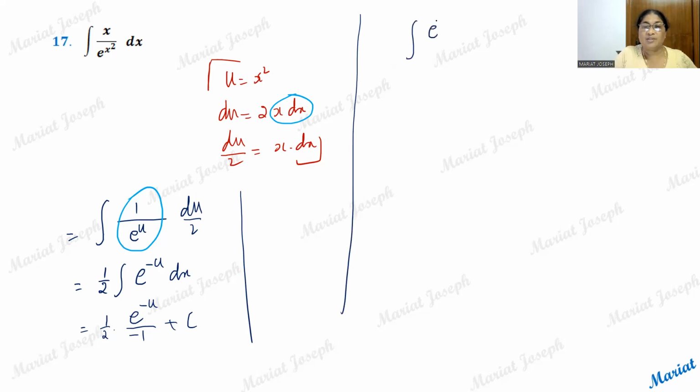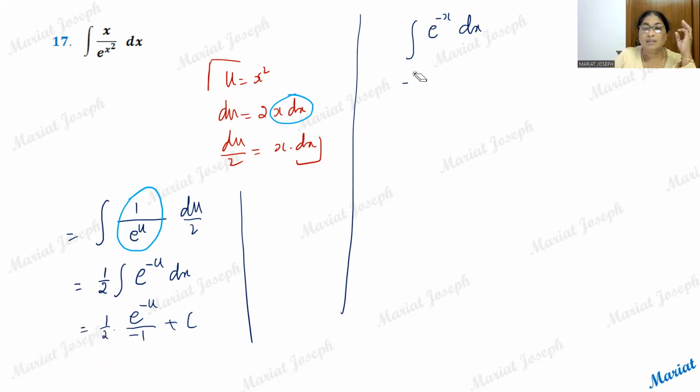Integral of e raised to minus x dx. How will we integrate e raised to minus x? Alina? Ma'am, e raised to the power minus x upon minus 1. That is the direct method, that constant coming there. Okay. Now replace the u.